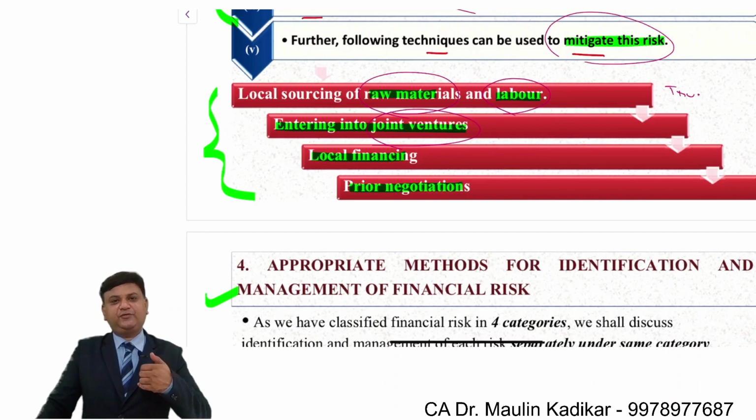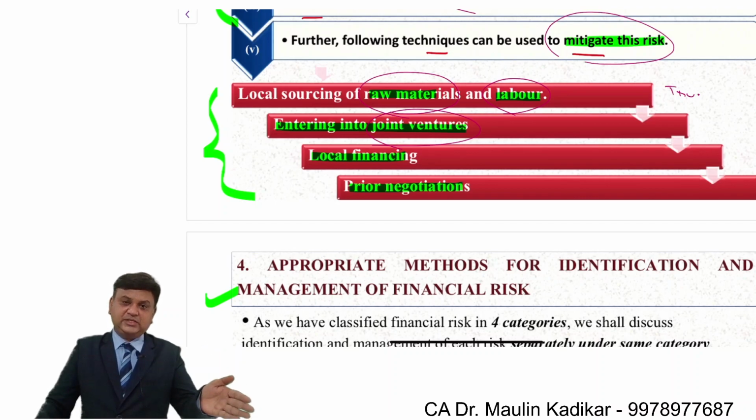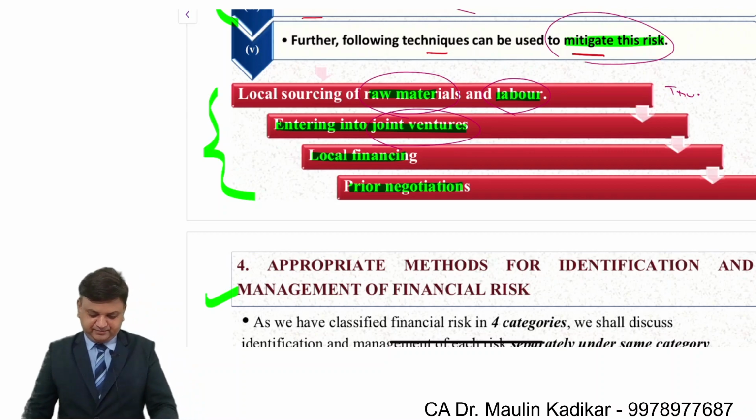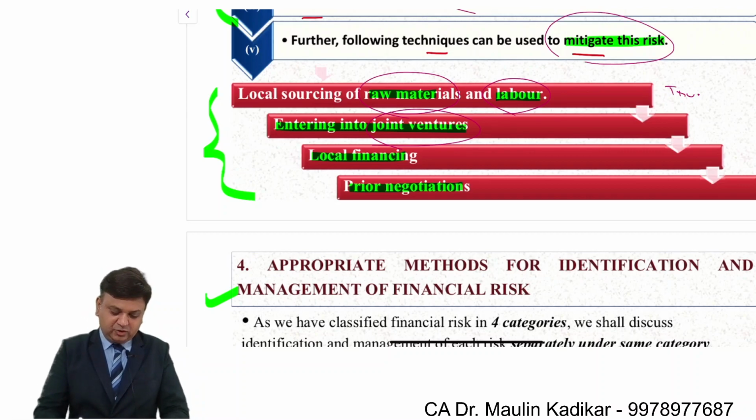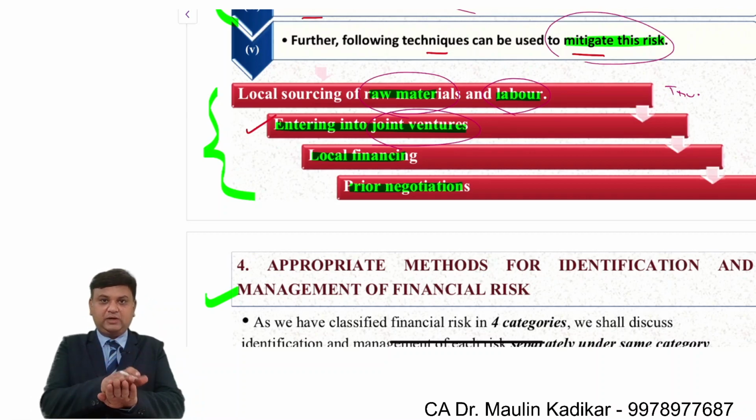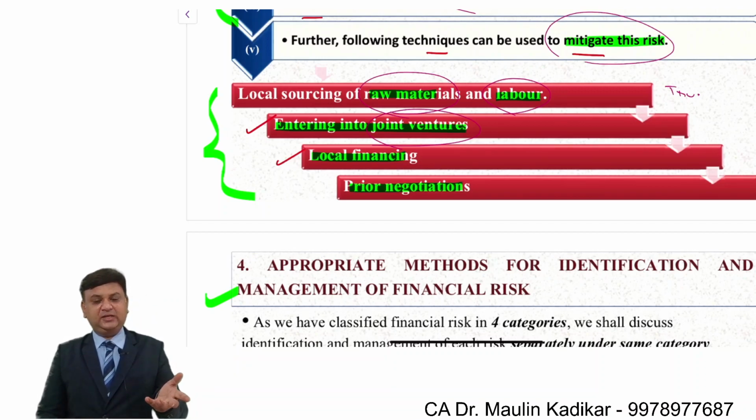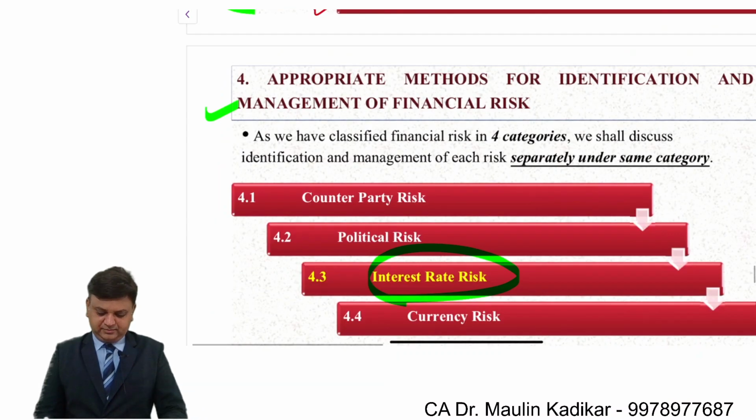That is the reason from these companies' point of view, in order to avoid this kind of risk, they may have more employees who are locals, that is from the US only. Entering into joint venture, so somebody local partner is there, you have the local financing, so you will be having less risk for you. Prior negotiations.